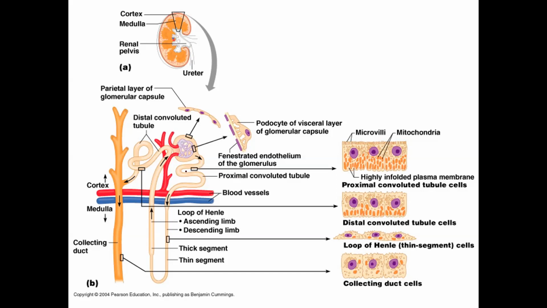Okay, so if you look at the proximal convoluted tubule, the lining is like this. It's what type of cells here? Simple cuboidal epithelial cells with a lot of long microvilli.